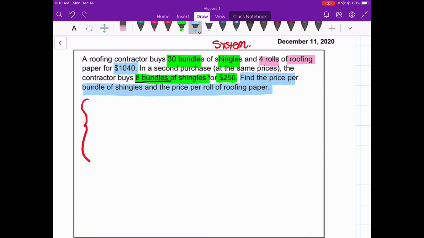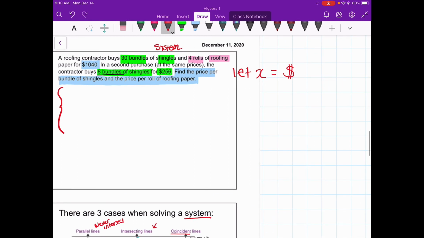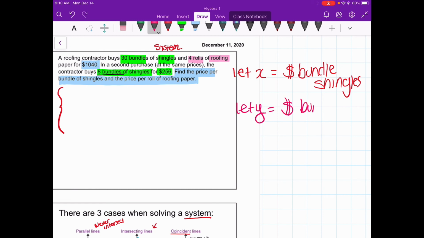Find the price per bundle of shingles and price per roll of roofing paper. So my variables would be, let x equal the cost for a bundle of shingles, and let y equal the cost for a roll of roofing paper.